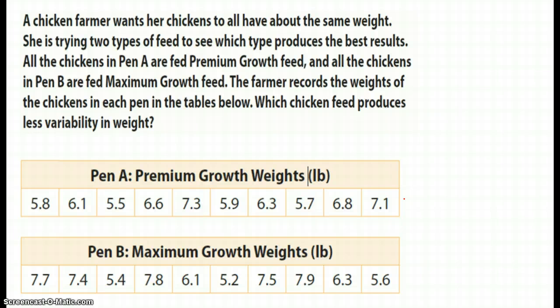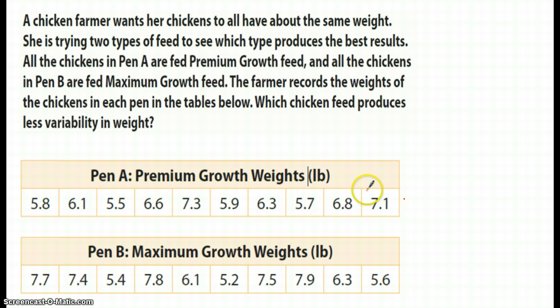Okay, so here's what we're looking at. Premium A growth: 5.8, 6.1, 5.5, 6.6, 7.3, 5.9, 6.3, 5.7, 6.8, 7.1. So how many chickens did she weigh? 1, 2, 3, 4, 5, 6, 7, 8, 9, 10.